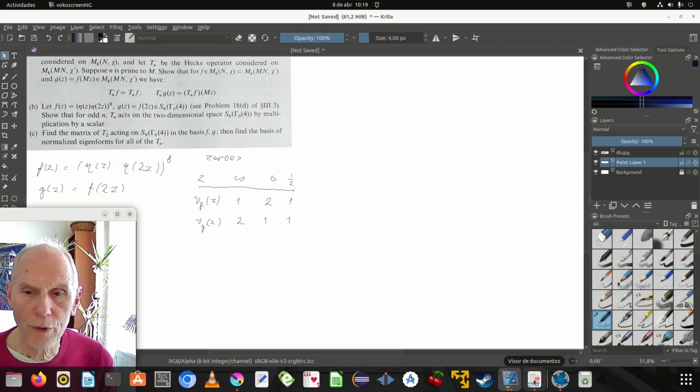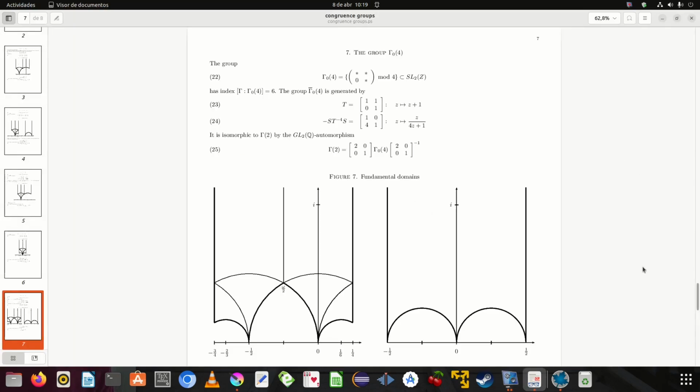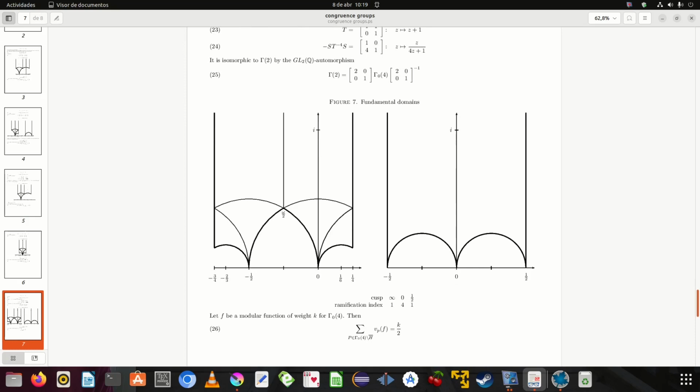But 0 has ramification index 4, so that means that the zero at 0 has order 2. You see the sum of the orders of the zeros gives 4.